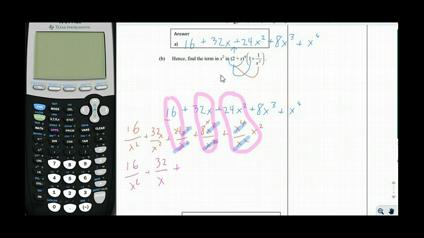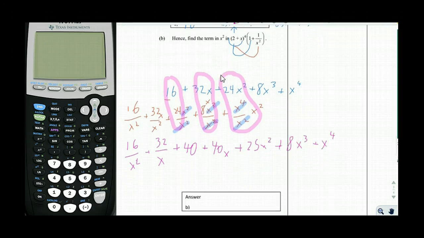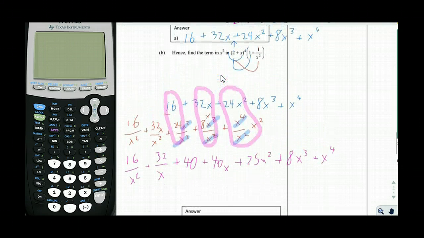But the 16 added to 24 gives us 40. And the 32x plus the 8x gives us a 40x. And the 24x squared over the 1x squared is going to give us 25x squared. And then the 8x cubed not added to anything is 8x cubed, and then x to the fourth is just x to the fourth.